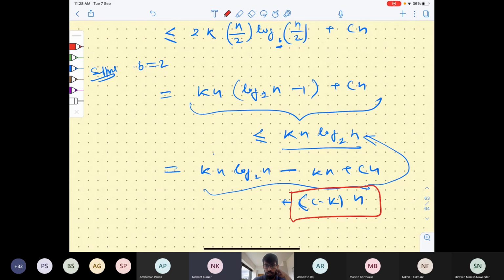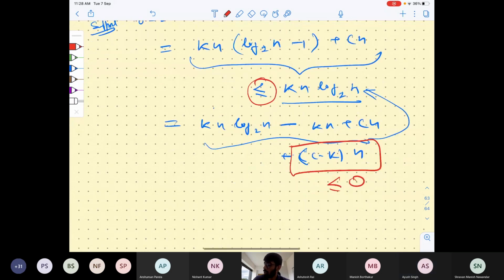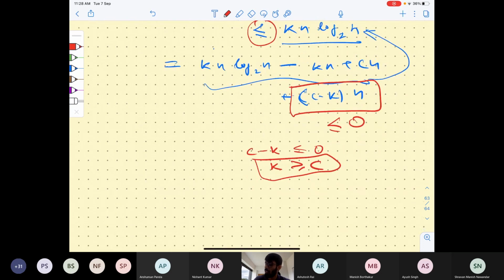It should be 0. We want less than or equal to, right? It should be less than 0, or at most 0. So what does that mean? That c minus k should be at most 0. So k is greater than or equal to c.